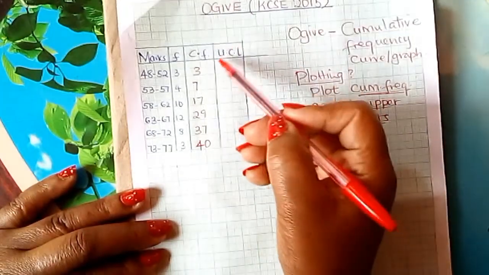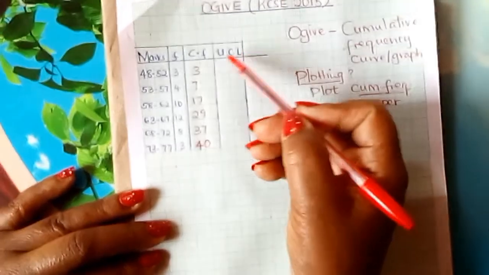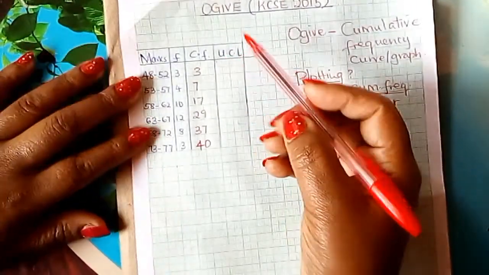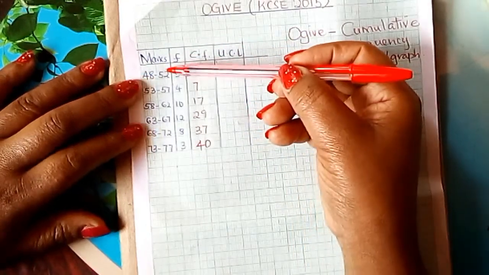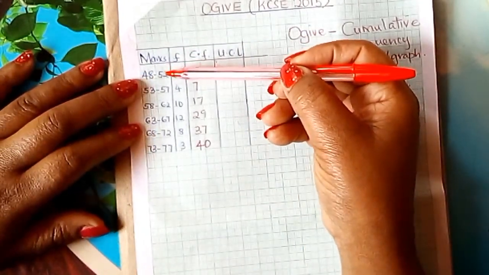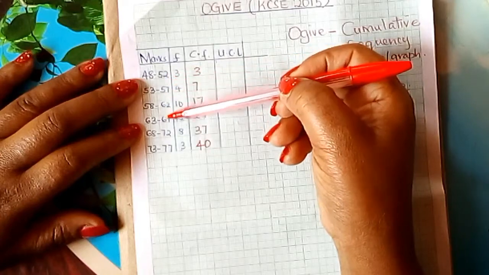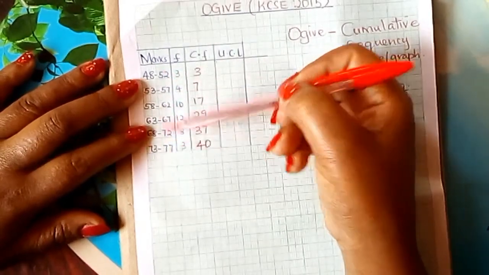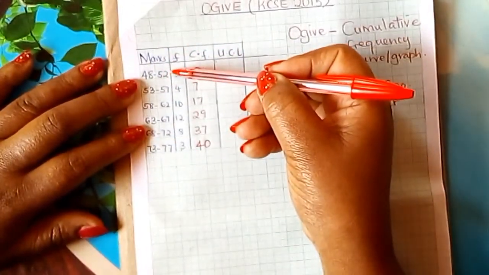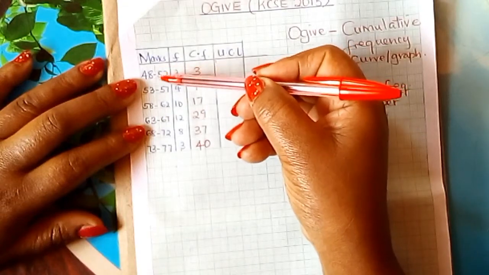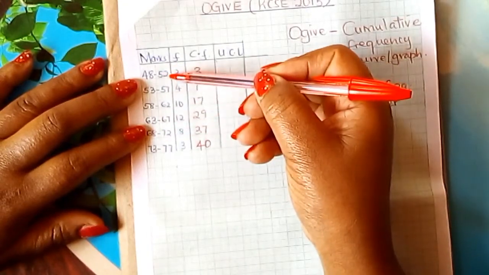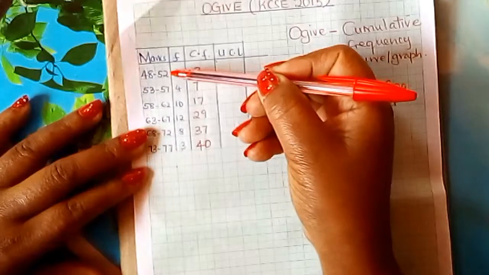We then go to the upper class limits, learner. How do you get the upper class limits? You come to the upper class boundary, this one here. The higher numbers in the classes, you add 0.5.